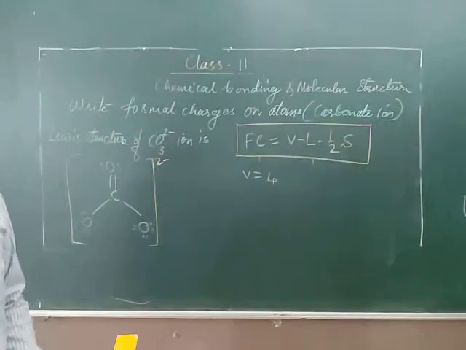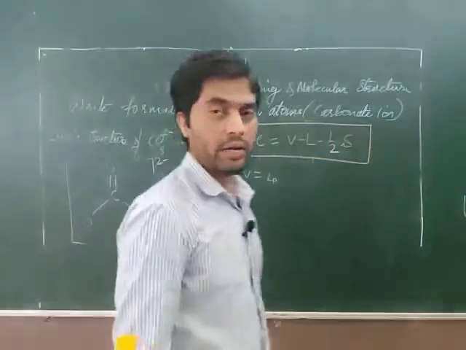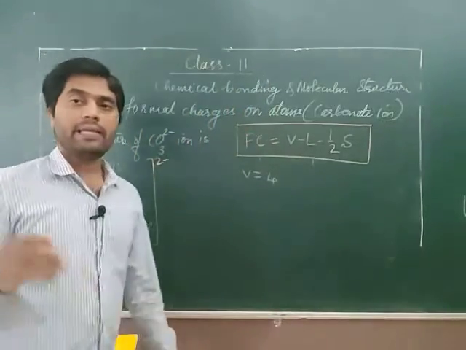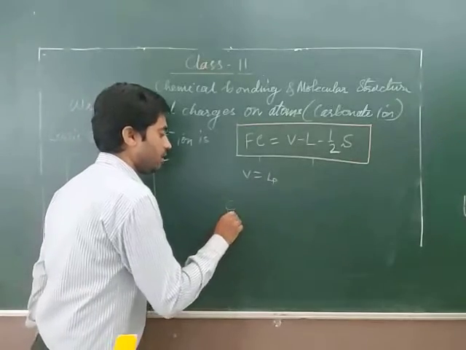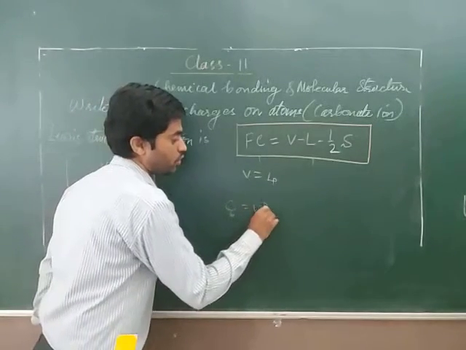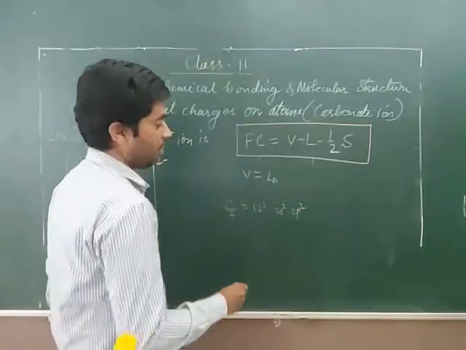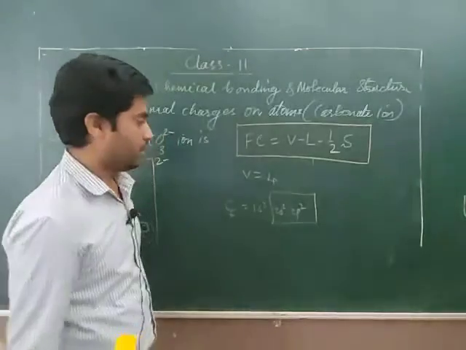L means the number of electrons in lone pairs, that is, non-bonding electrons. Determining the formal charge on carbon, we write the electronic configuration again: C6, 1s2, 2s2 and 2p2. These 4 electrons belong to the valence shell.